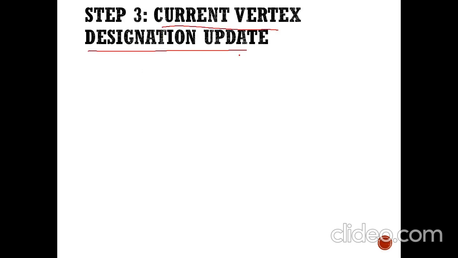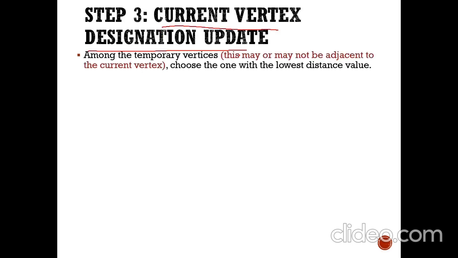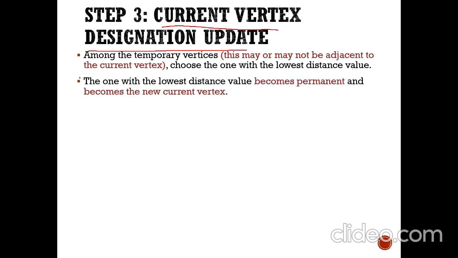Okay, so how do we choose the new current vertex? To choose the new current vertex, among the temporary vertices, we will choose the one with the lowest distance value. The one with the lowest distance value will become permanent and it becomes the new current vertex.